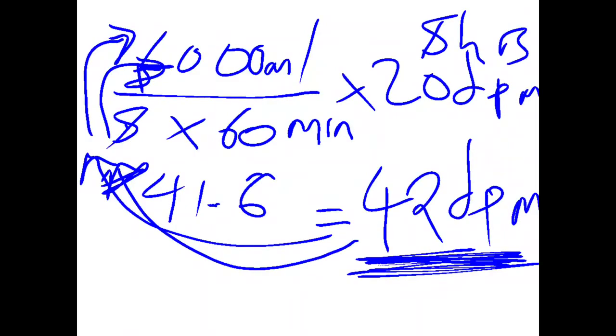So this is how we calculate the drops per minute in terms of calculation of fluids, as well as drug calculation, because sometimes certain drugs you need to give through IV and they will be pushed into the fluids being administered.